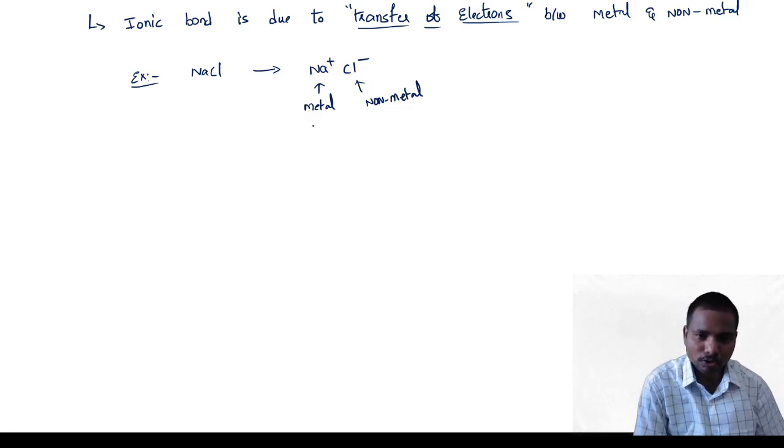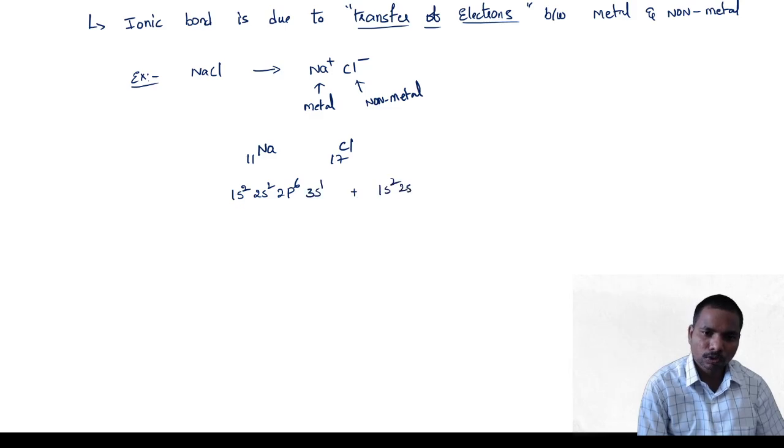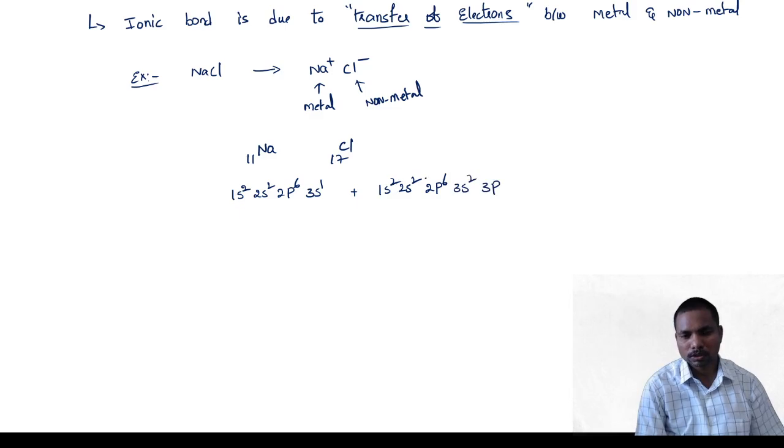For example, sodium atomic number is 11 and chlorine atomic number is 17. Sodium 11 has 1s2, 2s2, 2p6, 3s1. Chlorine has 1s2, 2s2, 2p6, 3s2, 3p5.